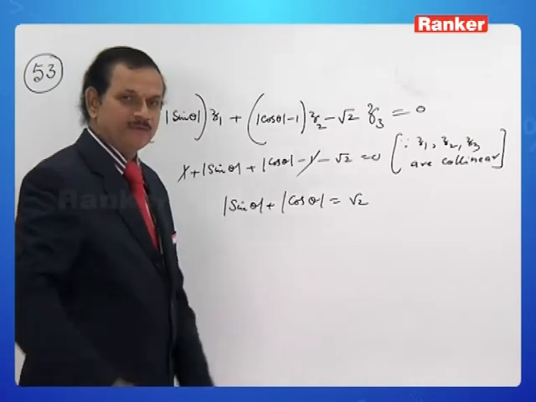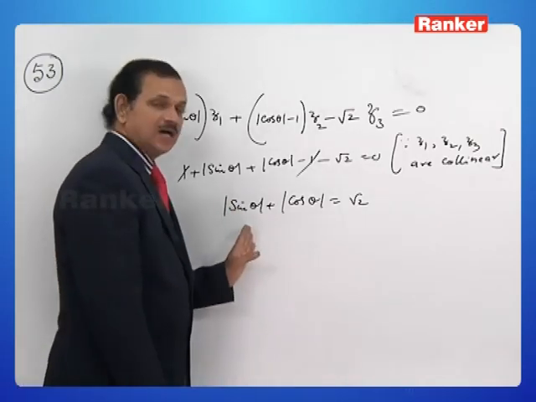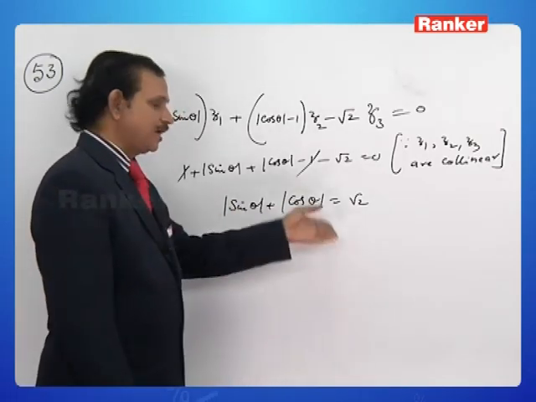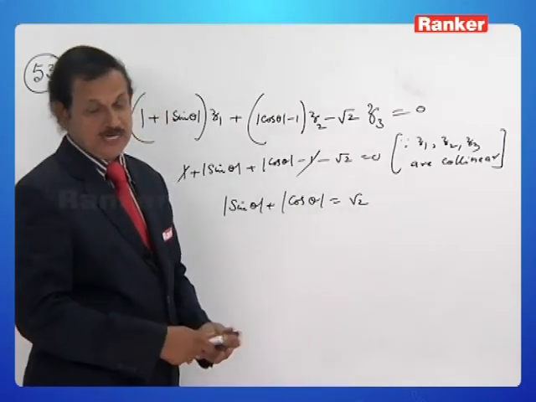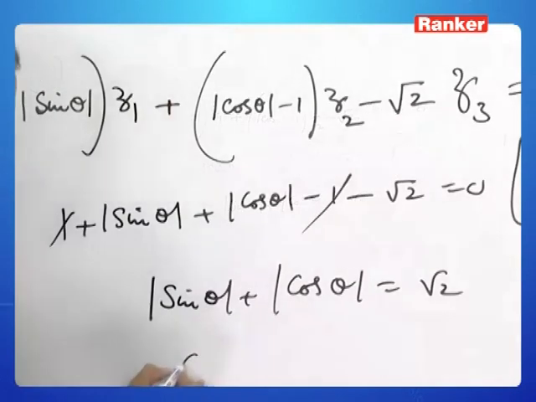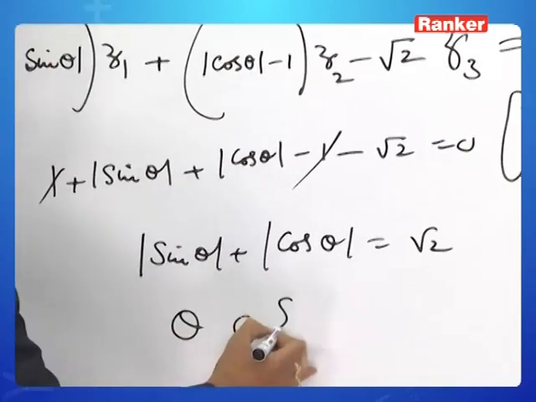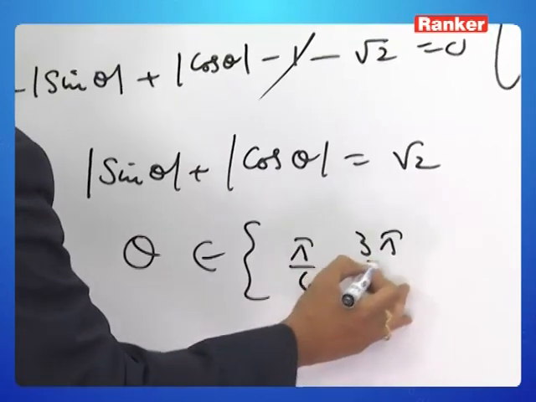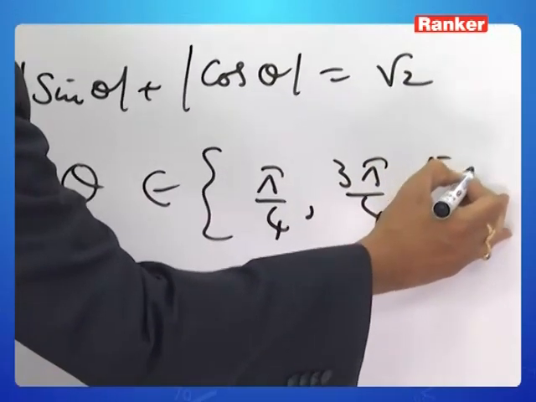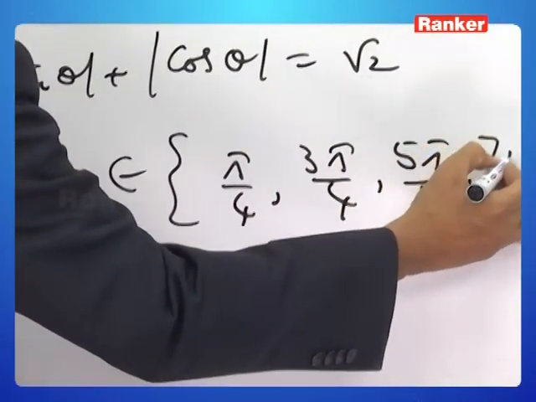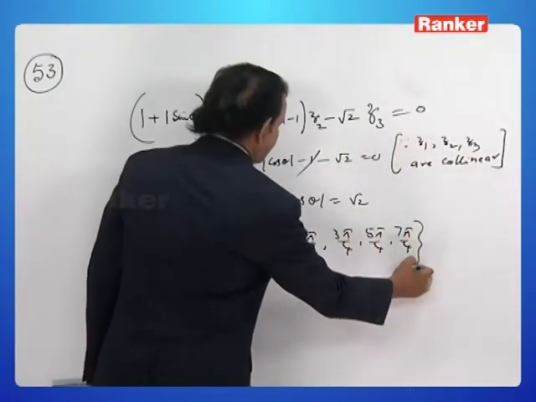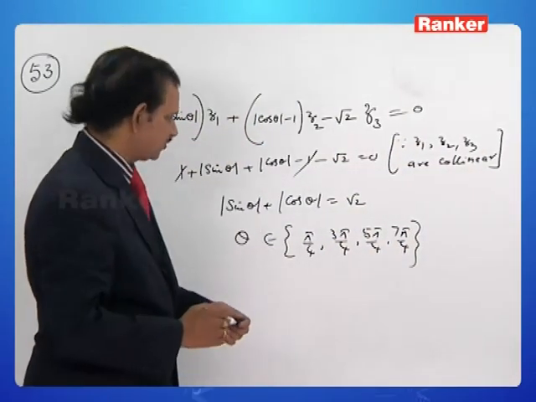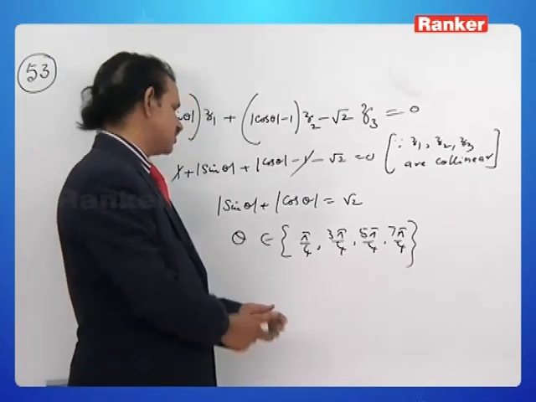And it can happen when and only when mod sin theta is equal to 1 by root 2 and mod cos theta is equal to 1 by root 2. And that can be traced when and only when theta belongs to pi by 4, 3 pi by 4, 5 pi by 4 or 7 pi by 4. It is an easy matter to recollect that theta belongs to this collection.